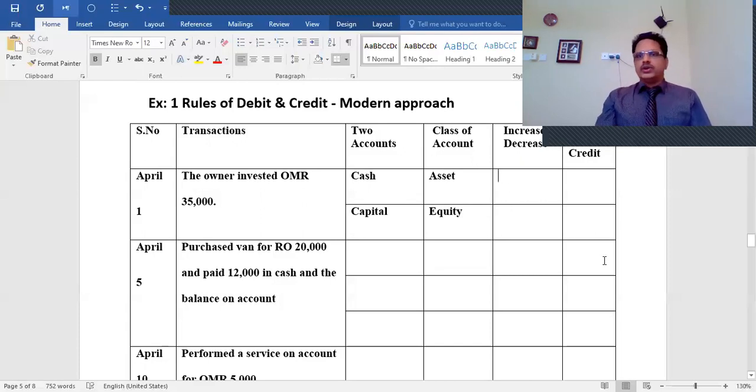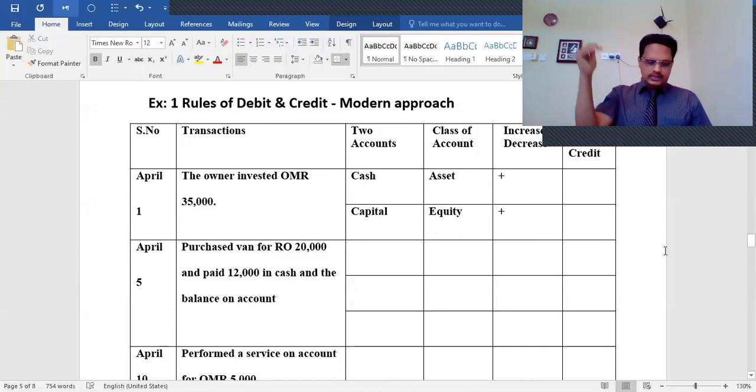Then, increase or decrease. You can decide whether it is an increase or decrease by connecting to the transaction. The owner invested 35,000. Owner brings 35,000 and invests in the business. So your asset, cash, will increase, and your capital will also increase.